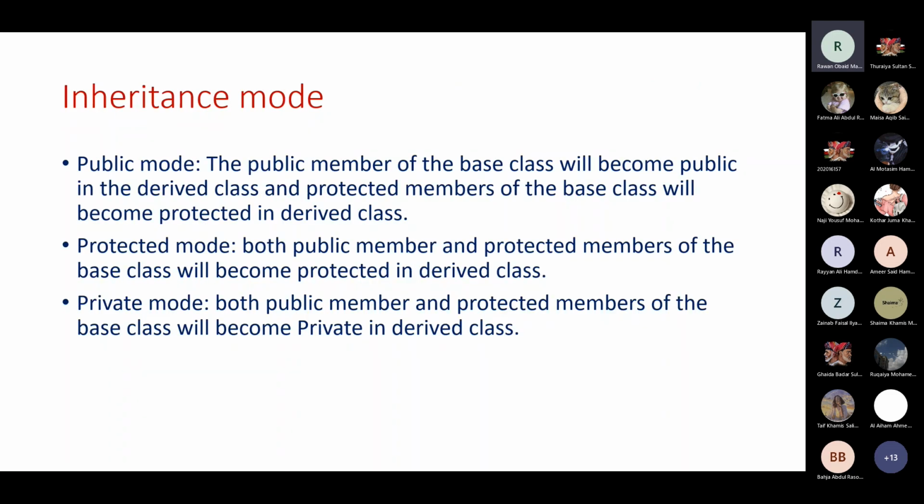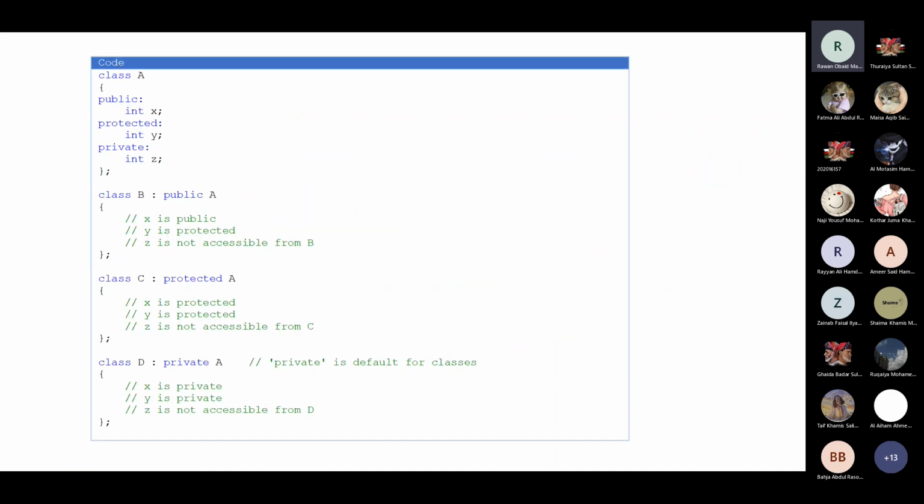Now the mode of inheritance. The inheritance modes are public. The public member of the base class will become public in the derived class. And the second one is protected. It's better to show you this example. It will explain everything. Now I have in the class A, public, protected, and private.